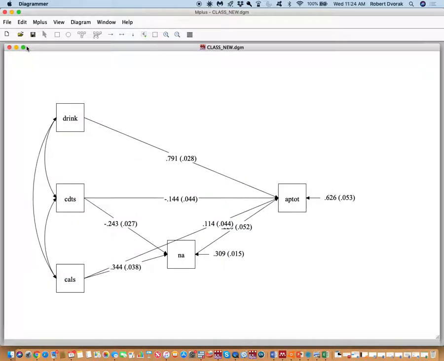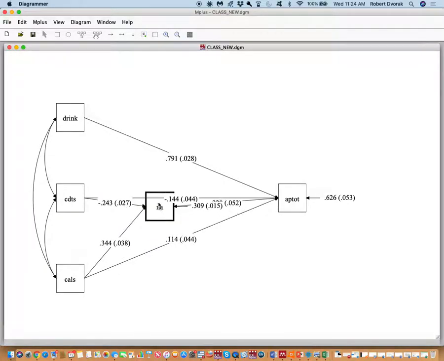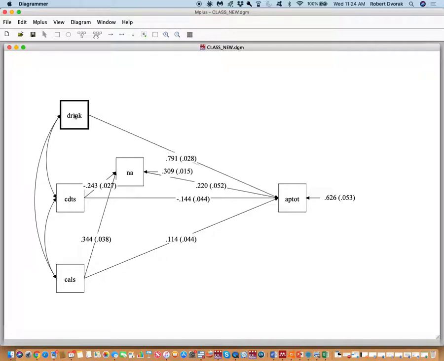And if you look at Mplus's thing, right, here's NA. So NA is the mediator, right? And drink is just a covariate. Like I'm just controlling for the level of alcohol use for their alcohol-related consequences.